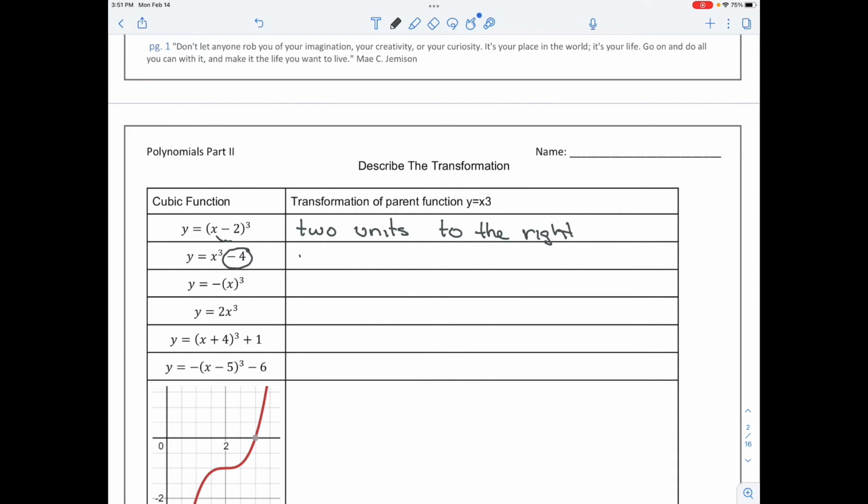And this negative 4 is going to move it 4 units down because it's negative. The negative on the other side will reflect it across the x-axis. And this 2 would be a vertical stretch.